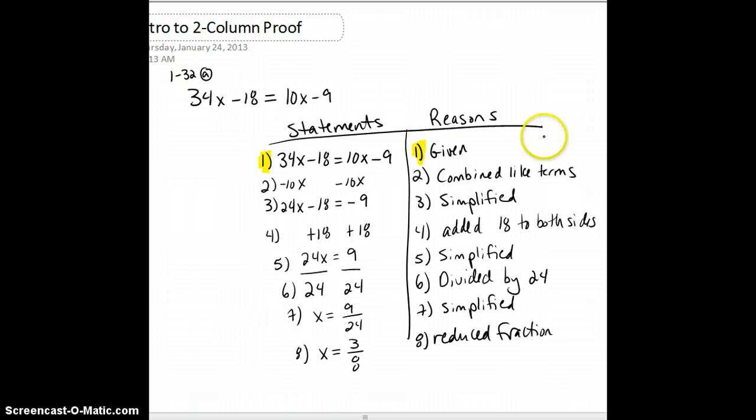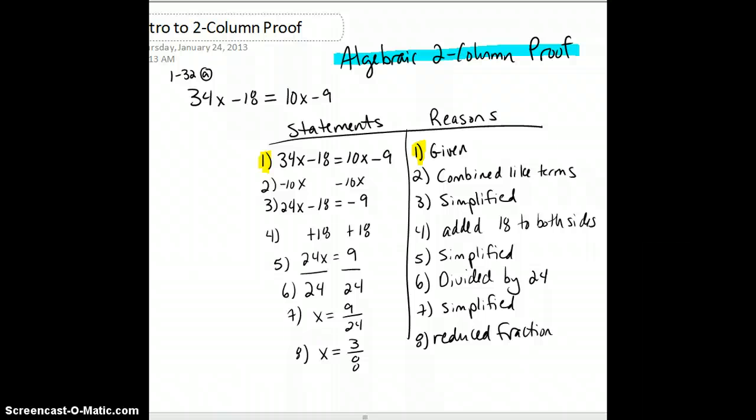So now, if you look at 1 through 8 closely, and you were to go back and look at some of the things you did last term in algebra, you would see that each one of these reasons is probably a different day's lesson or a different week's lesson on specific things that you did in algebra. So again, this is our algebraic 2-column proof.